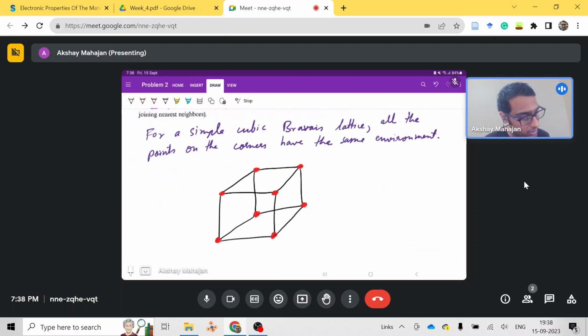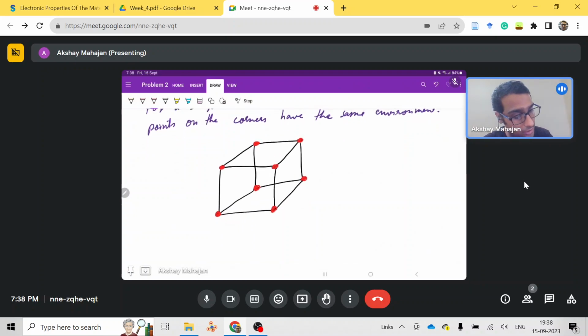For example, if you see this cube, you will say it has two neighbors here. But in a solid there will be periodic boundary conditions, so you will have another cube here because of the periodic boundary condition.